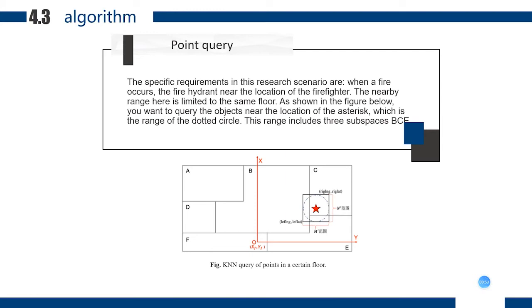The nearby range here is limited to the same floor, as shown in the figure below. You want to query the objects near the location of the asterisk, which is the range of the dotted circle. This range includes 3 subspaces: B, C, E.